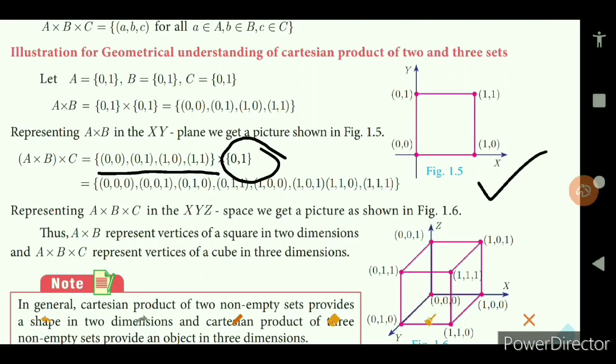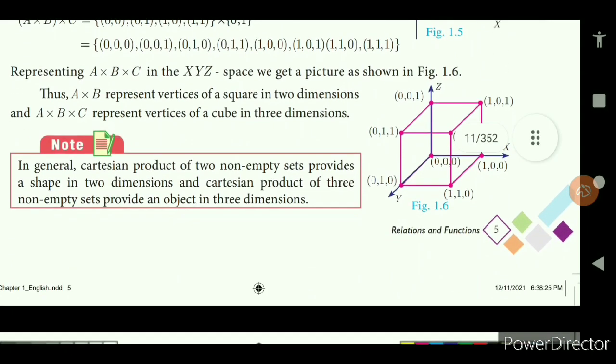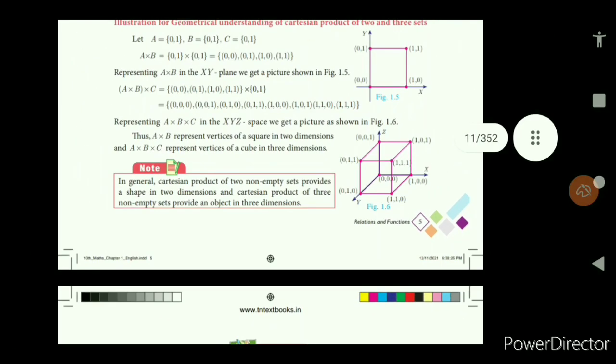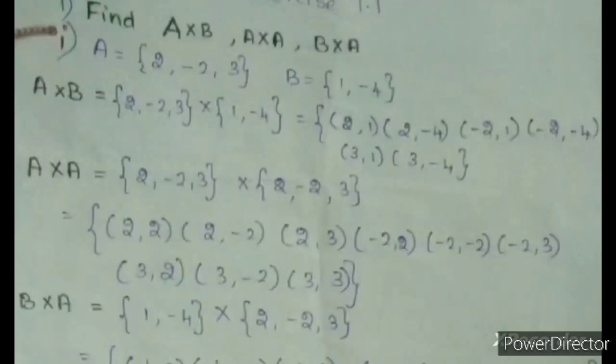So we'll find a combination of these elements. It will make a cubic structure, a cubic 3-dimension. The Cartesian product of two non-empty sets provides a shape in 2-dimension, and the Cartesian product of three non-empty sets will make a 3D image. This is the 3D cubic image.